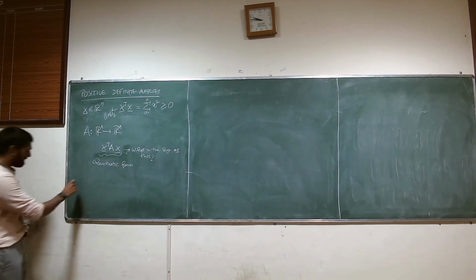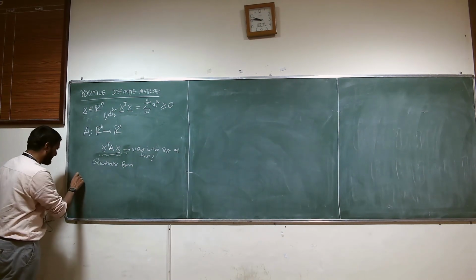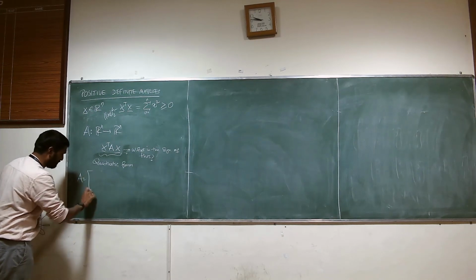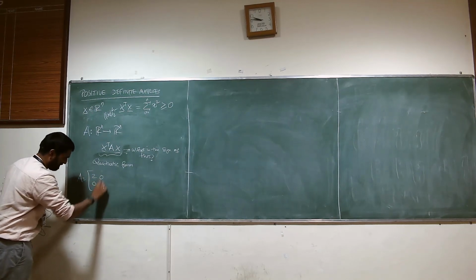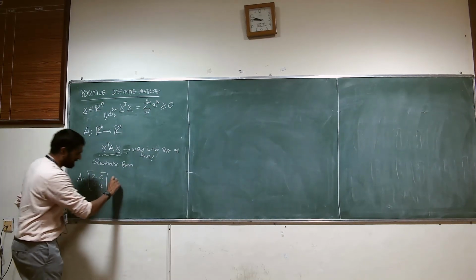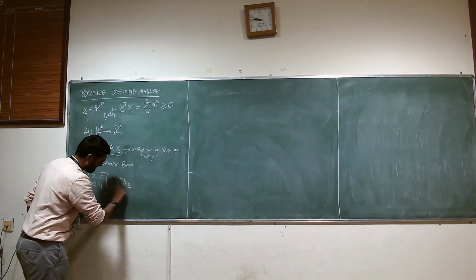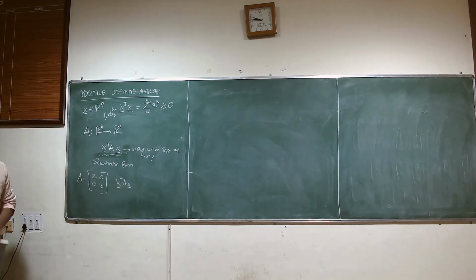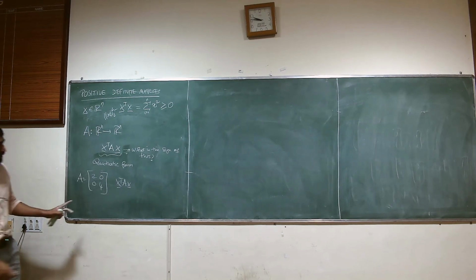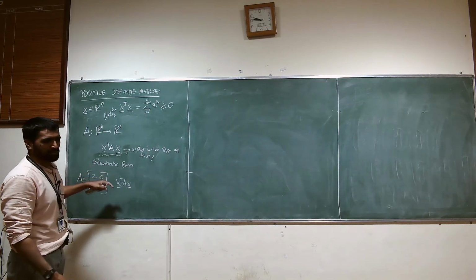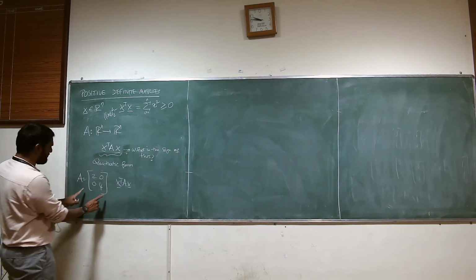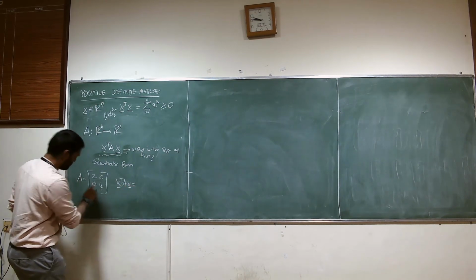Okay? Well, let's take some examples for the matrix A. Let's say A was a 2 cross 2 matrix. Well, tell me what is this first?